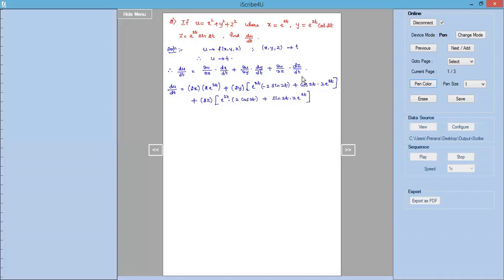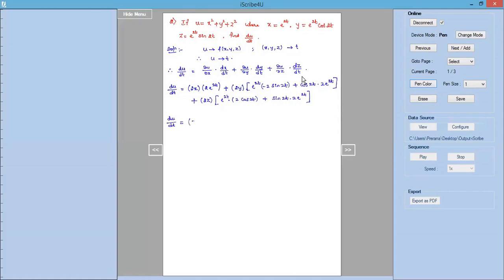Now further we will simplify this. We also need to substitute for x, y, z. We will keep the required resultant in terms of t. So let us substitute x, y, z. X is equal to e power 2t.